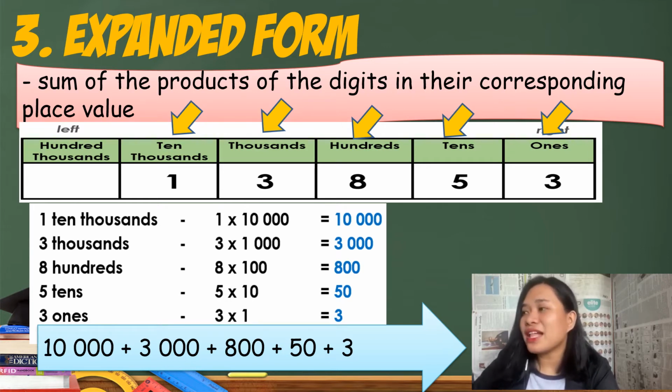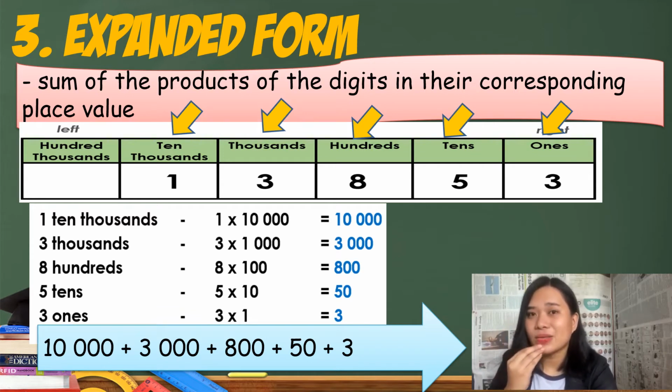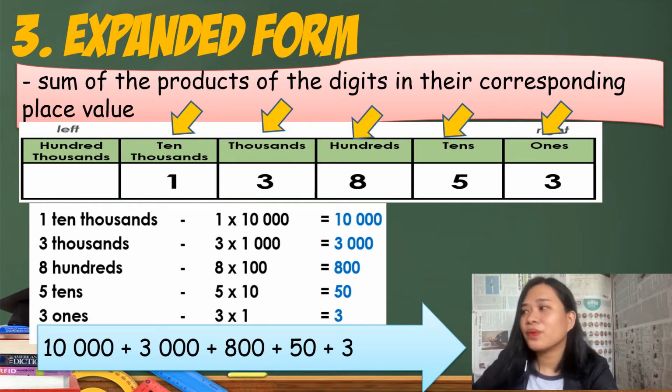So the place value of each digit is 1 10,000s, 3 thousands, 8 hundreds, 5 tens, 3 ones. Now we get the product by the corresponding place value of each digit. 1 times 10,000, where did we get 10,000? We got it from its place value. 1 times 10,000 is equal to 10,000.